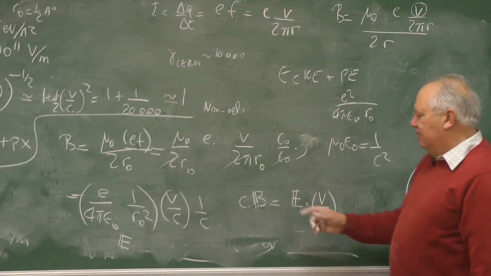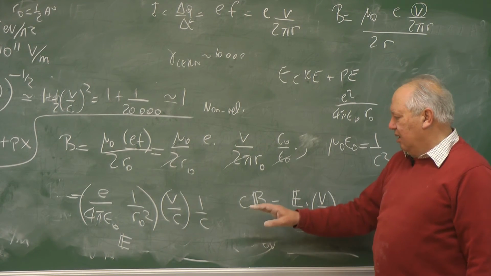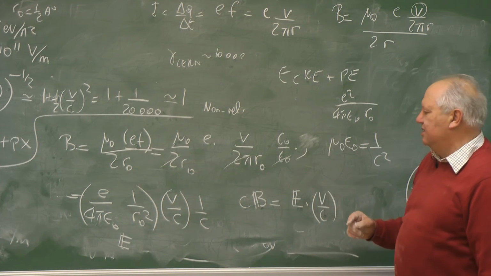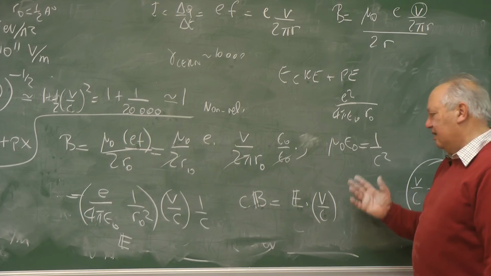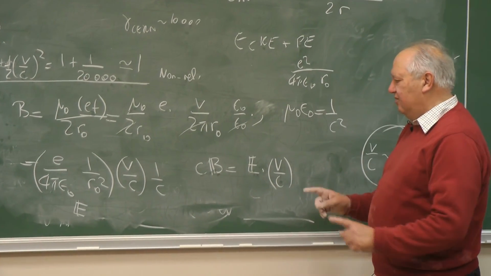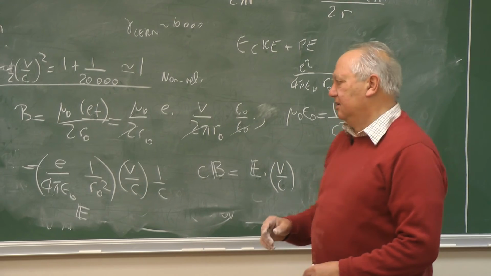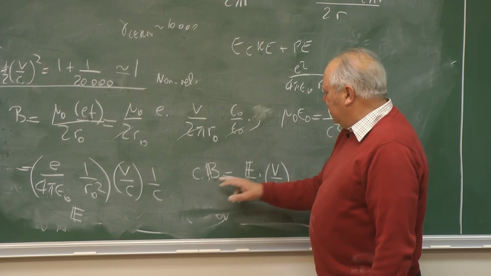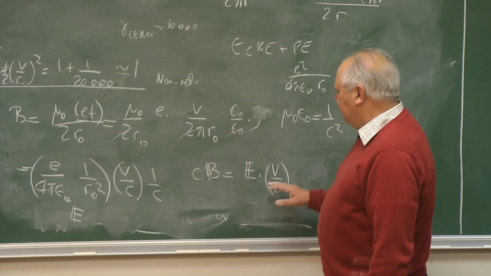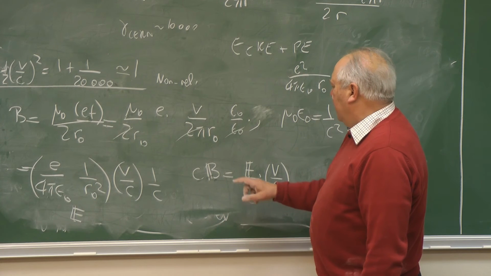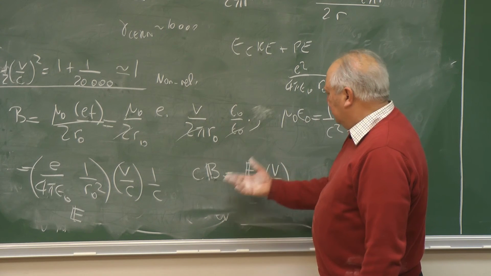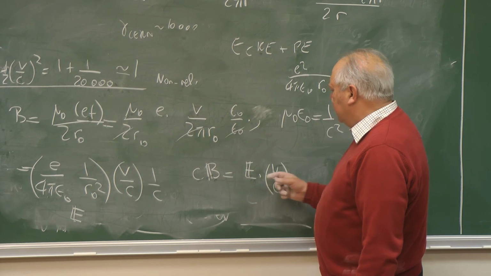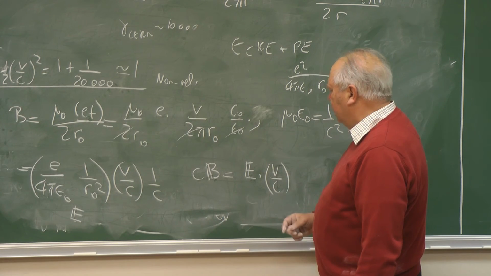In the Gaussian system, the magnetic field is in Gauss, and it has the same dimension as electric field. That's why physicists like Gaussian systems, because E and B have the same dimension, and it looks better. But in the MKS system, E and B do not have the same dimension, and in a sense, B is less than E by a factor of V over C, which is 100.